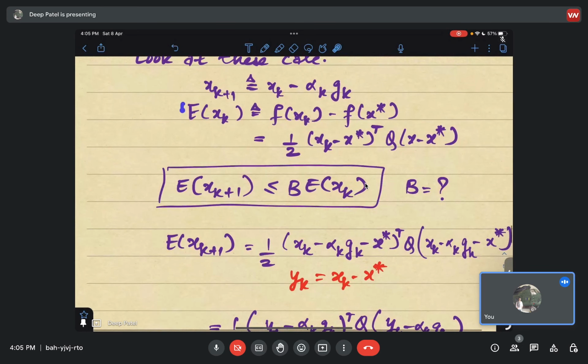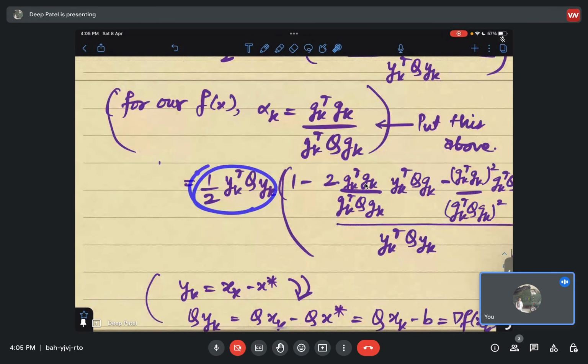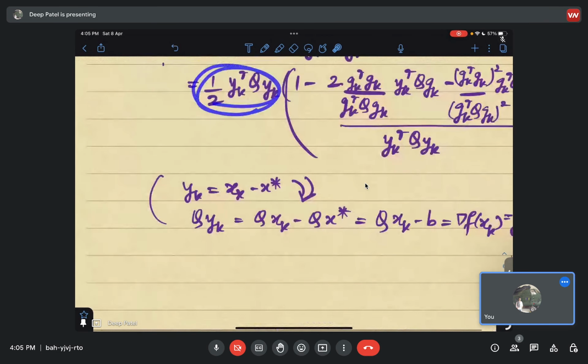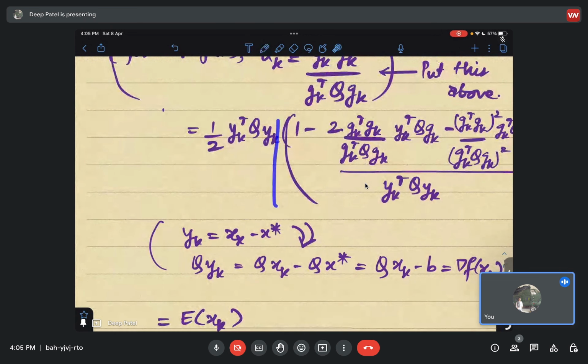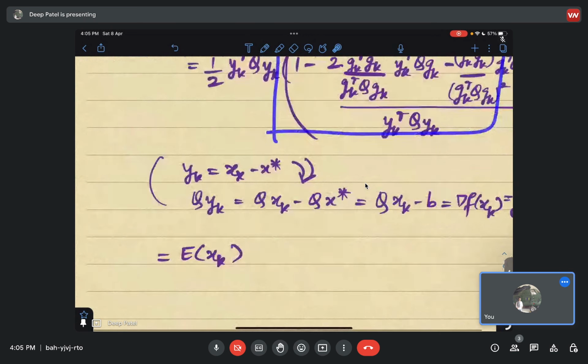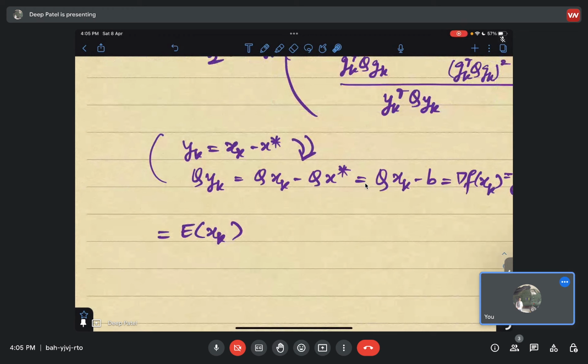What is ek? e of xk is this, right? And what is this term? Just yk. So this is our error at xk, e of xk. So one thing is done. Now we have to simplify this mess and see where it takes us.